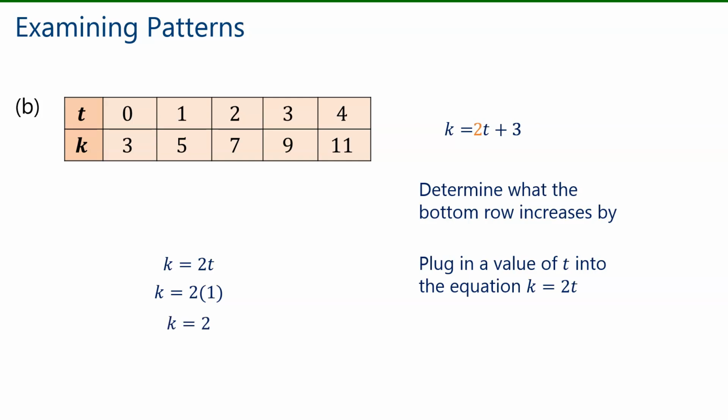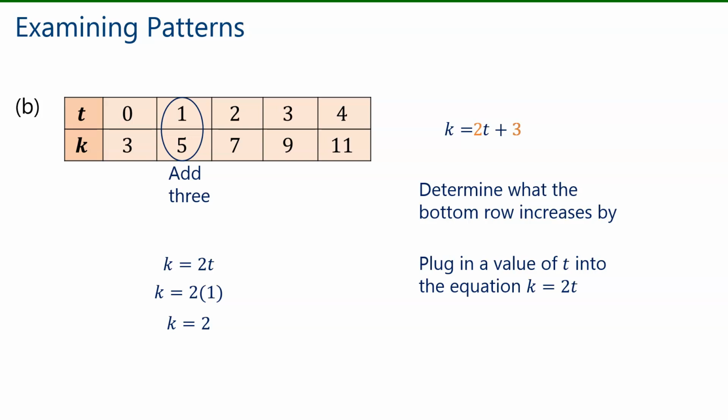Now when I look at my table of values, when t is 1, I should get a k value of 5. Now in my little equation, I have my k value being 2. So what do I need to do to adjust my equation in order to get a value of 5? I can add 3. So that's where this plus 3 comes from in the equation.